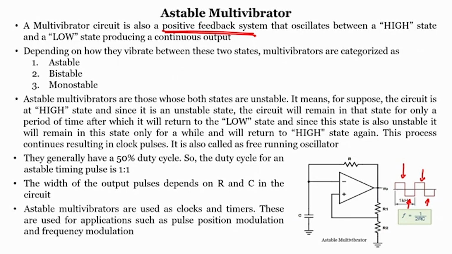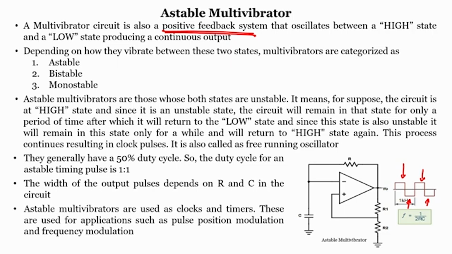In the case of an astable multivibrator, both the states are unstable. So, if the circuit is at the high state, and since it is an unstable state, the circuit will remain in that state only for a period of time, after which it will return to the low state.